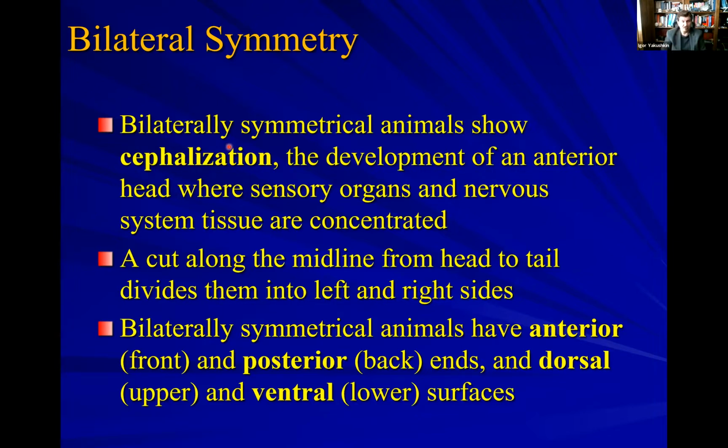It's extremely important, and it shows up in many groups of animals kind of independently from each other. We're talking about divergent evolution. The head of, let's say, an insect developed slightly differently than my head, or the head of other mammals. Why did they develop heads?